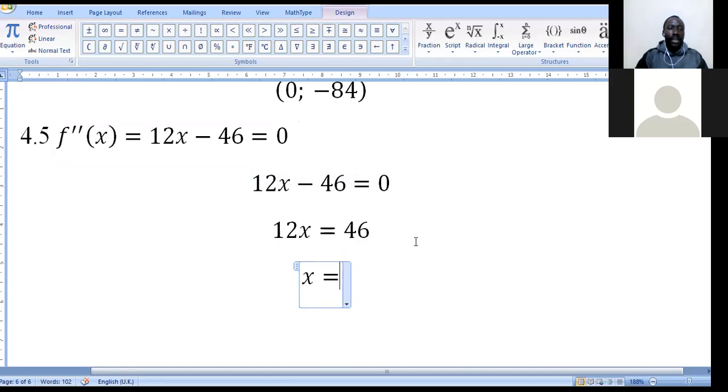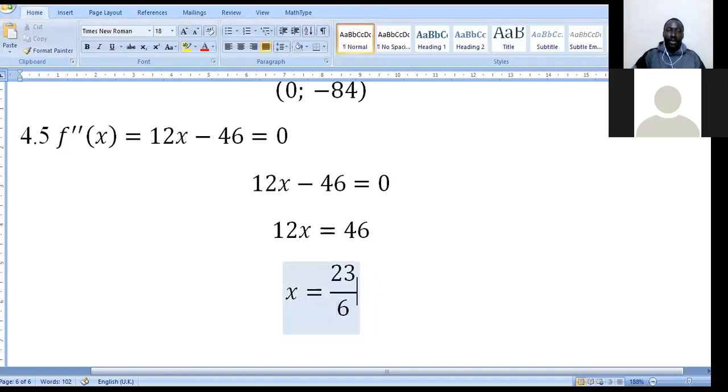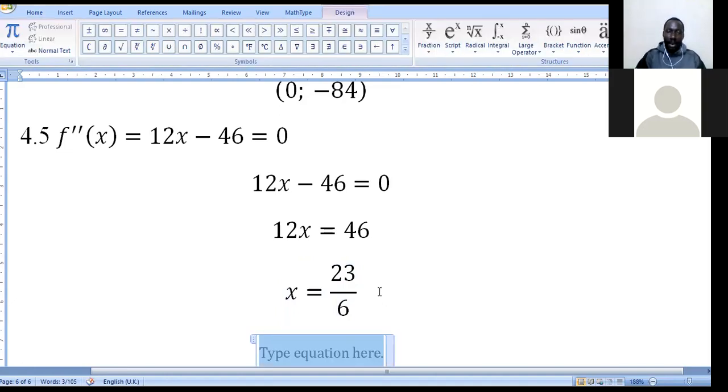It's 23 over 6. It's better that way. 23 over 6, yes. So we conclude that for values of x starting from this one here, the function will be concave up.